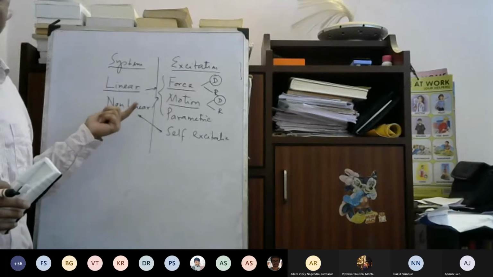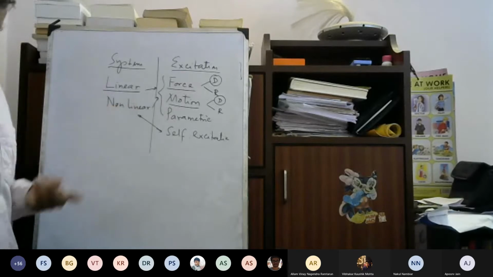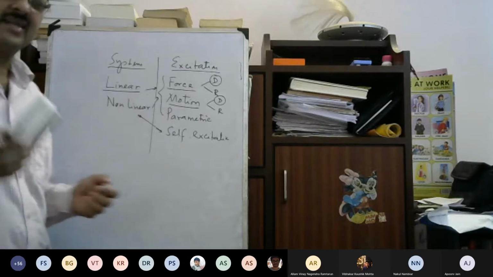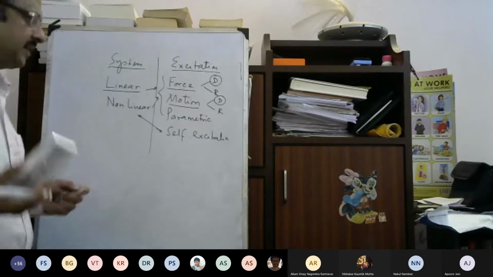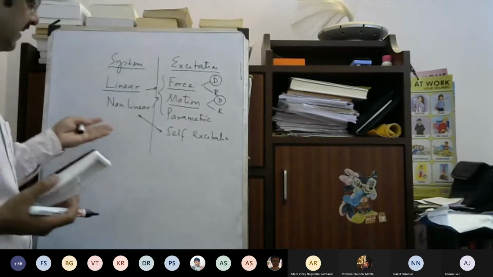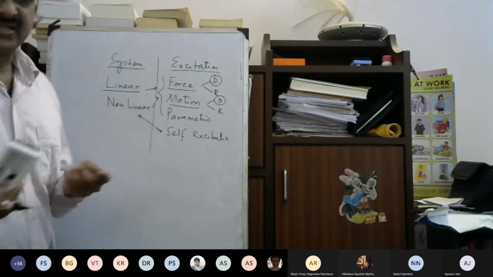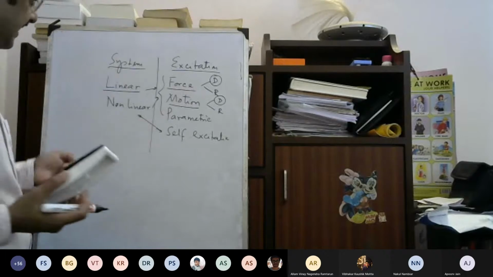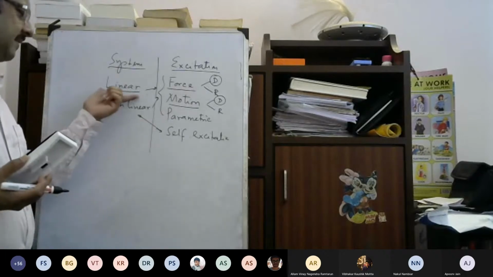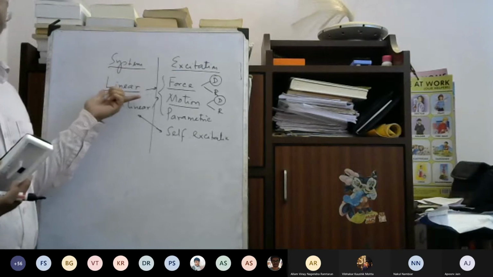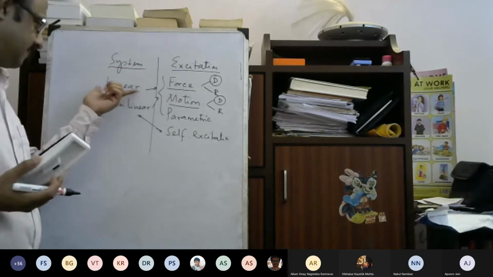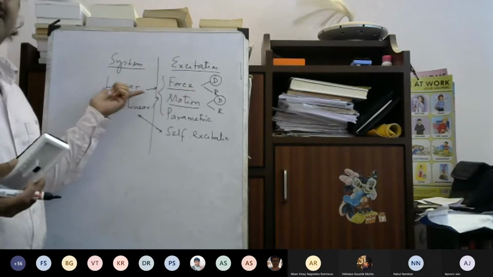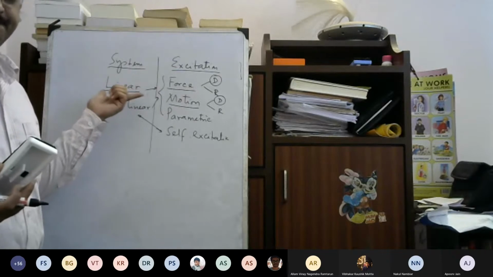Non-linear system we will not touch in this course because it involves other kinds of mathematics, and it's more or less approximate methods. All the methods are approximate methods. So if you are interested, you can take up nonlinear vibration as an elective subject in the next semester. But for this semester, we'll be content with the linear systems only.